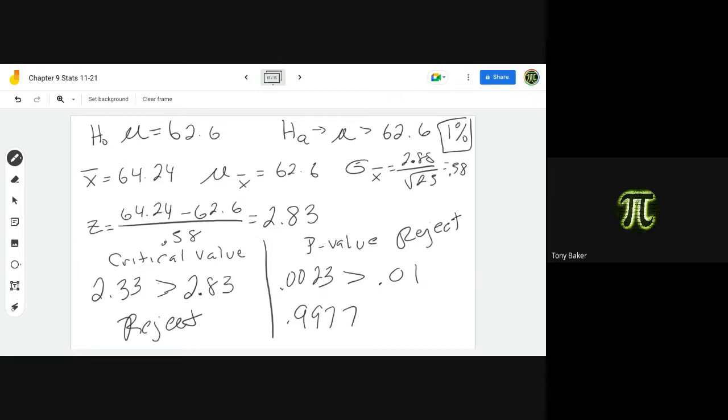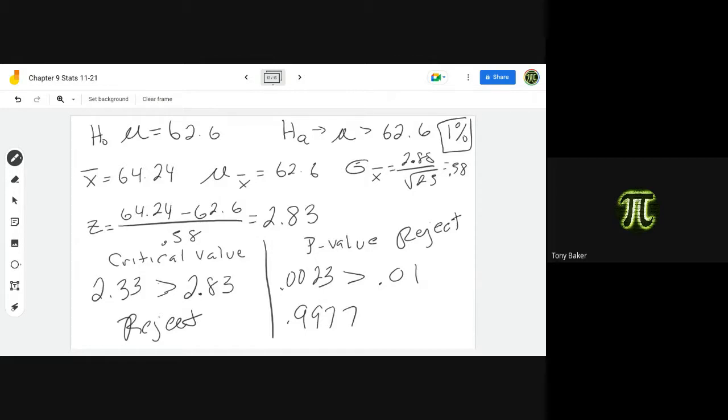Switching back over to here, that's my p-value. Notice I subtracted it from 1 to compare. You also could have just compared it to 0.99 if you wanted to.